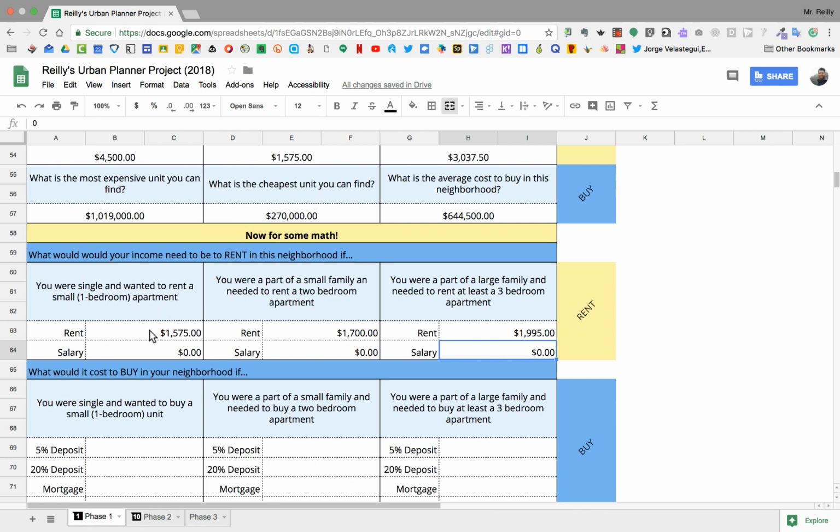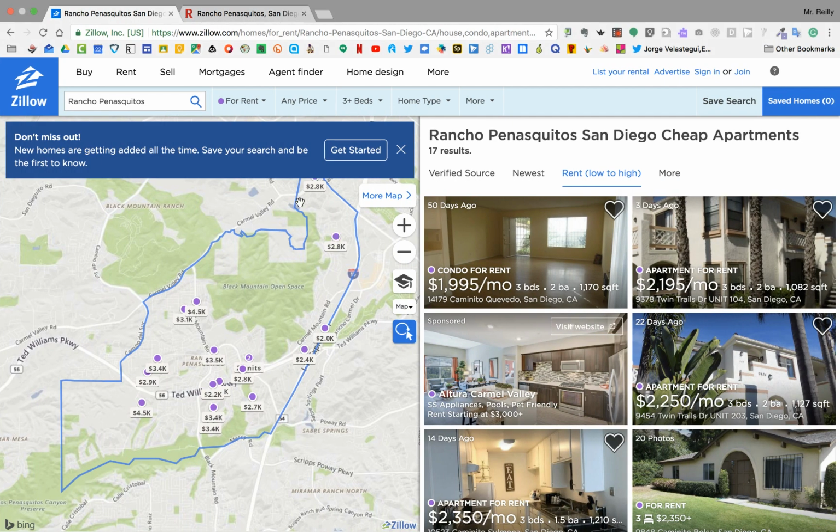Okay, so I went through and I found the various rental prices. So here we are, a one-bedroom apartment I found for $1,500 a month, a two-bedroom apartment at $1,700, and then a three-bedroom at $1,900 a month, close to $2,000 a month. I did that by simply going to Zillow.